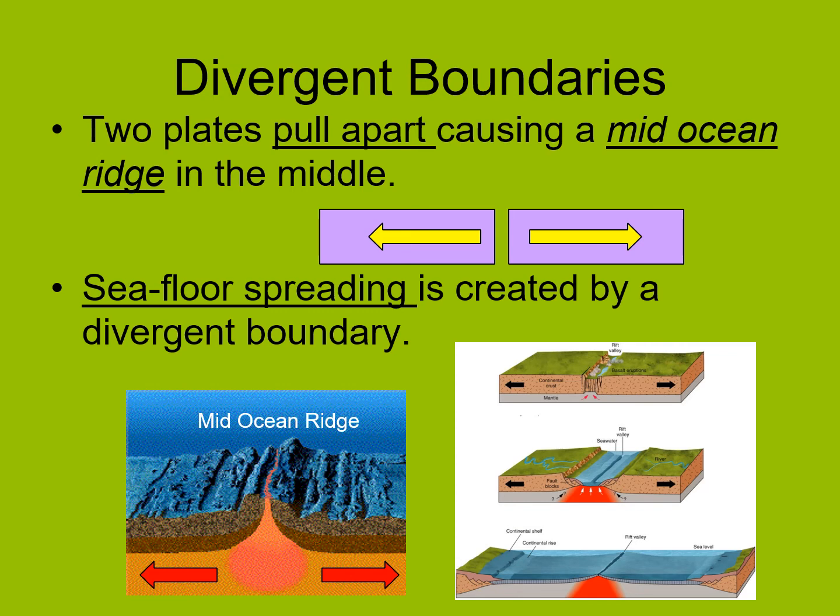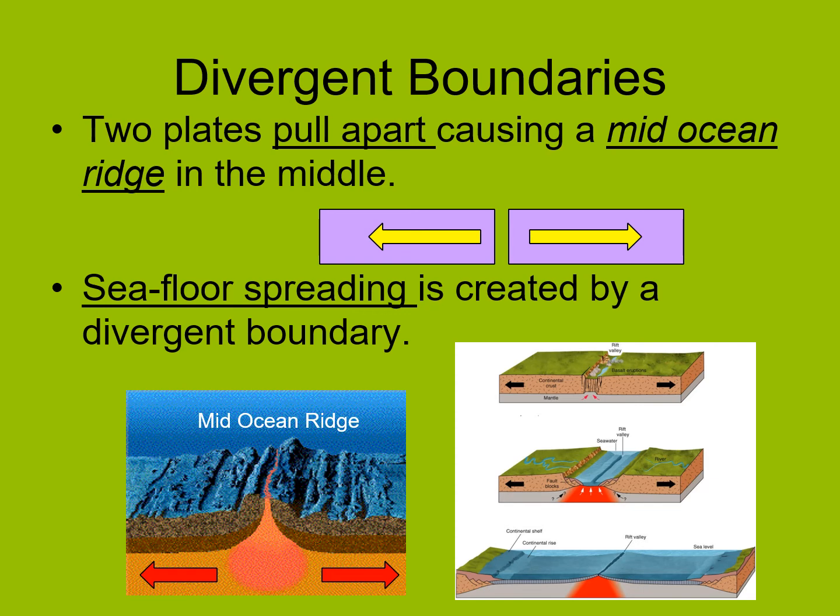The next type of boundary we're going to talk about is a divergent boundary. Divergent boundaries are when two plates come together, but they're pulling apart. Okay, we know a boundary is when they're touching. So these two plates that are touching are going to start pulling apart.